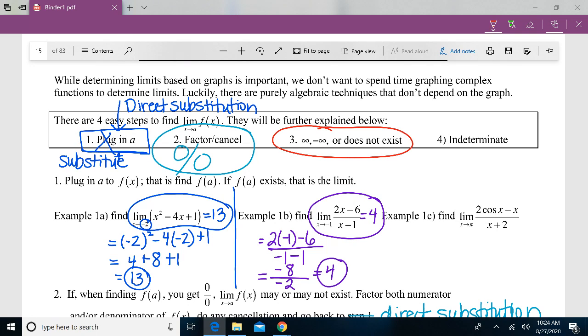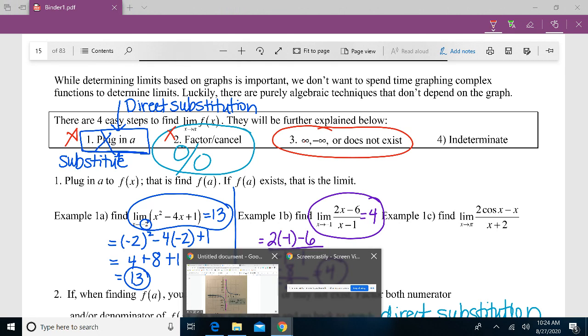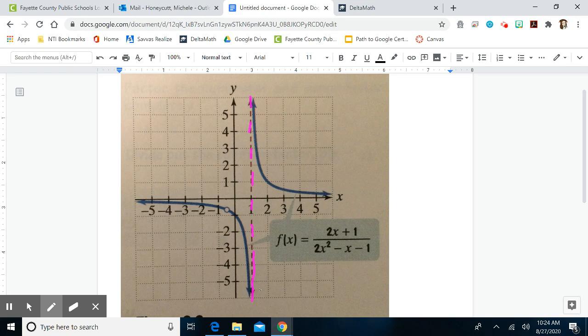And the third scenario doesn't work with direct substitution, and it doesn't work with factor and cancel. That means that this section will be dealing with limits that are either infinity, negative infinity, or does not exist. And again, that is because we are going to be looking at places where the graph would have an asymptote.